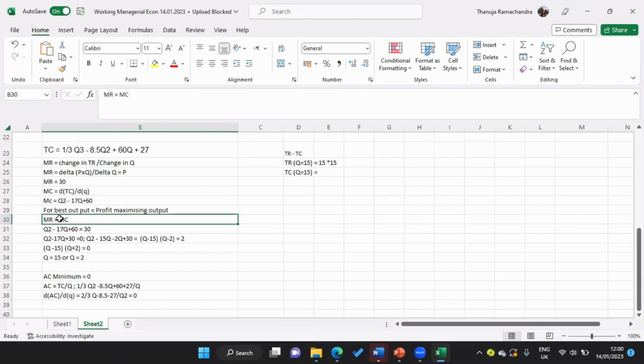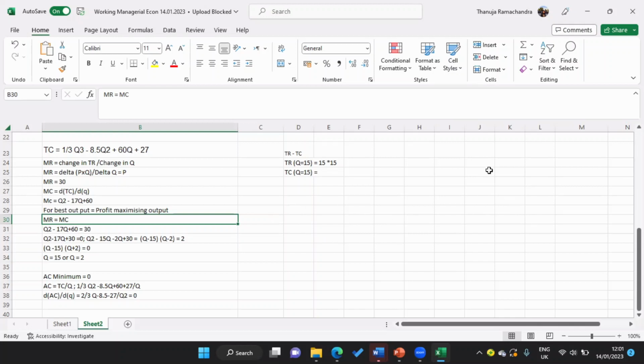It can happen on both sides. Your MC curve is going to be U-shaped, and MR is a horizontal line because MR is constant, so it is at 30.